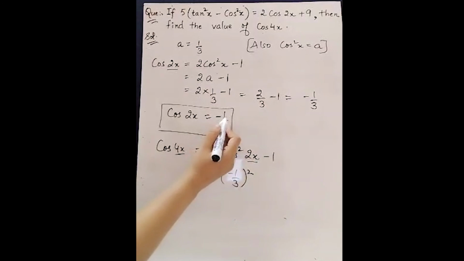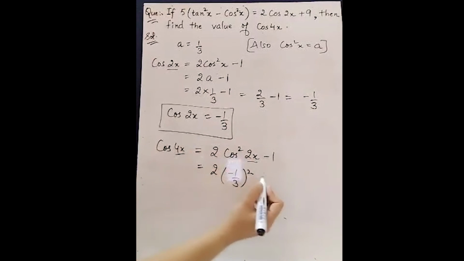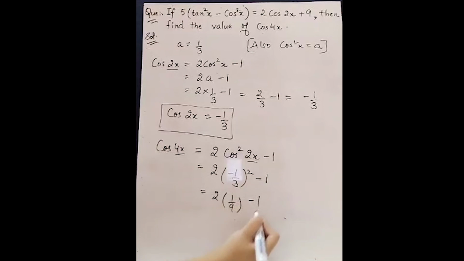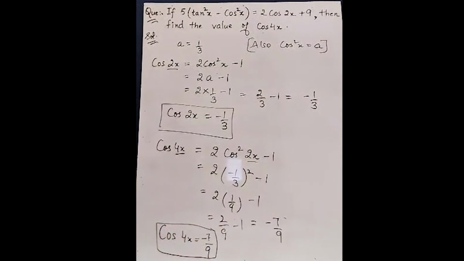Squaring the bracket, minus 1 square is 1 and 3 square is 9. It will become 2 upon 9 minus 1, and the answer will be minus 7 upon 9. So cos 4x is equal to minus 7 upon 9. This is the solution of our equation.